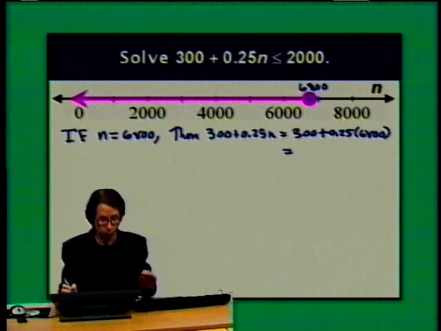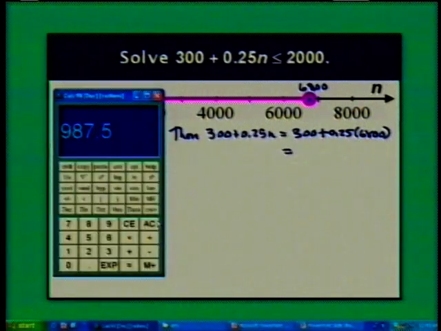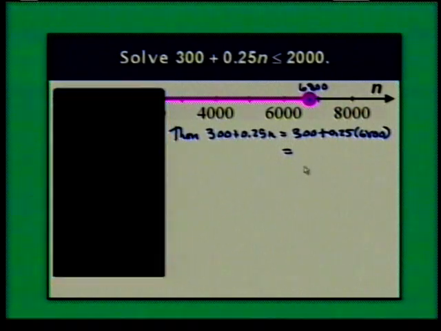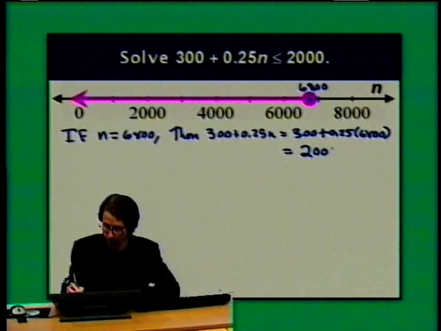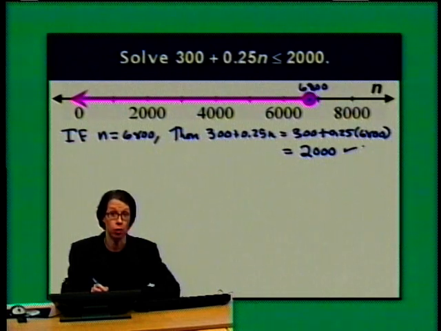And here I think I will pull out my calculator to do the calculation. So 300 plus 0.25 times 6,800, that's 2,000. So when I print the slogan on 6,800 water bottles, I have exactly costs of $2,000. I didn't want to exceed those costs, so everything is okay.